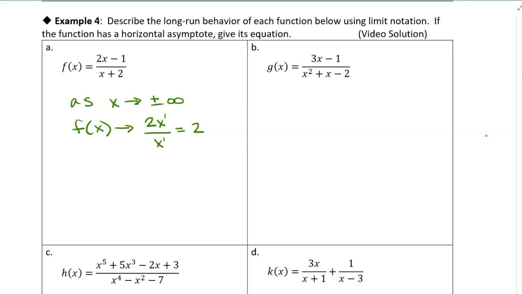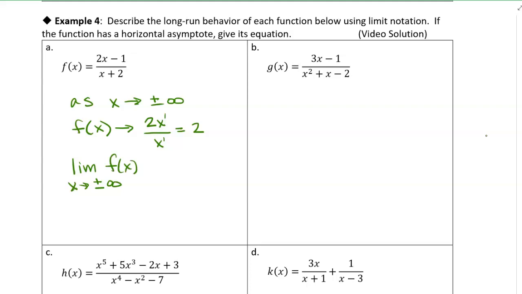So now we can express the long run behavior as the limit as x goes to infinity. Because it goes to the same value whether we go in the positive or negative direction, I'm going to express both limits as one.